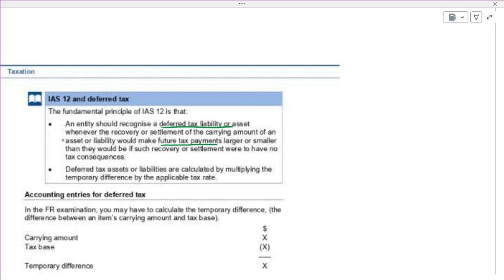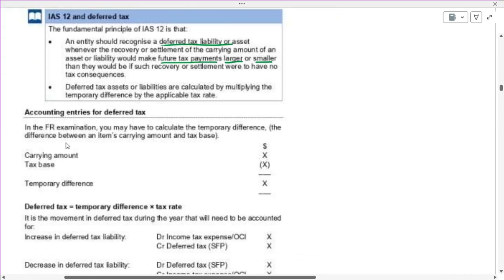It will be plus or minus, sometimes higher or sometimes smaller. We have to reconcile it and settle the difference. Deferred tax liabilities are calculated by multiplying the temporary difference by the applicable tax rate. This is the basis of what they are asking us.